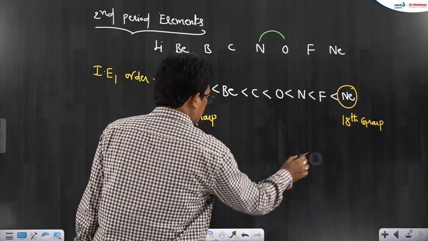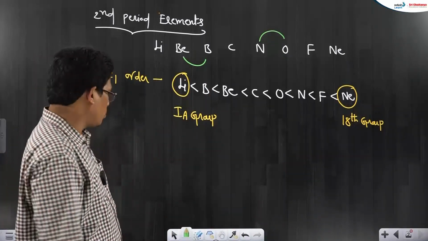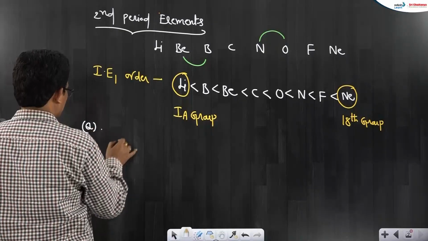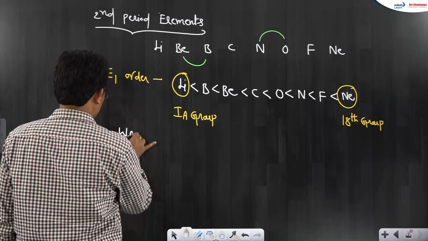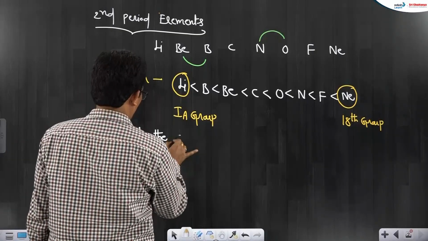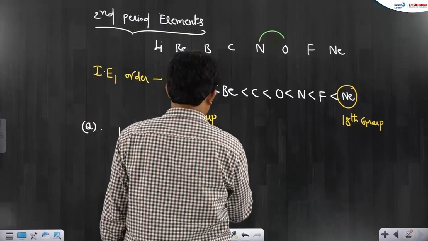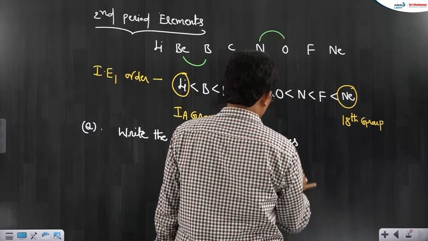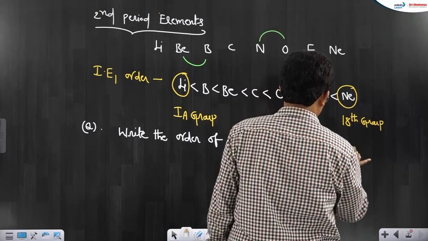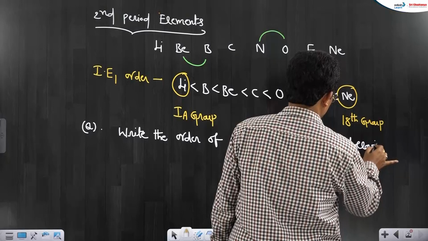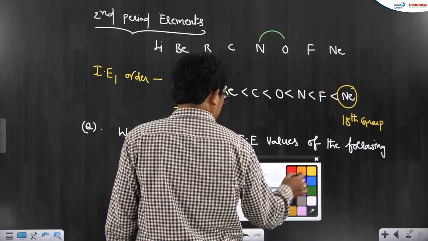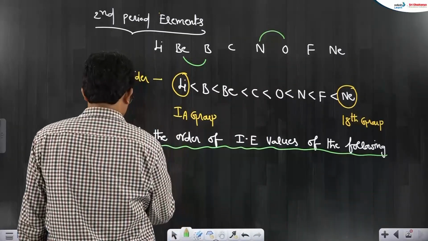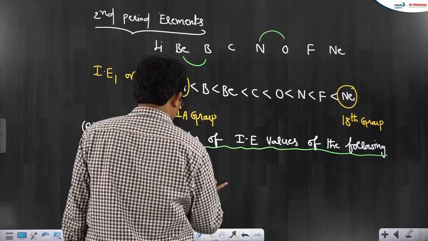Now I am going to discuss a few models related to ionization energies. First one, write the order of ionization energy values of the following: I minus, I plus.